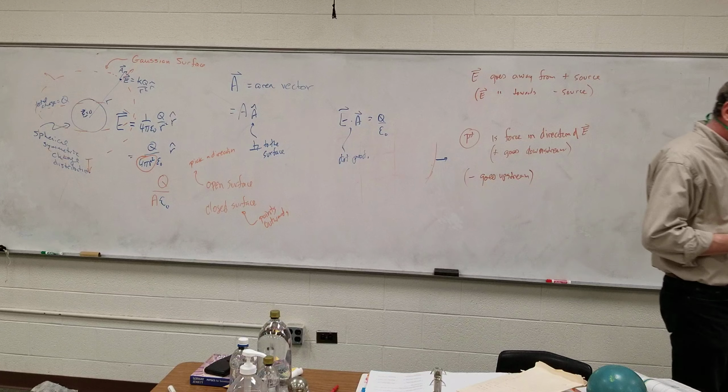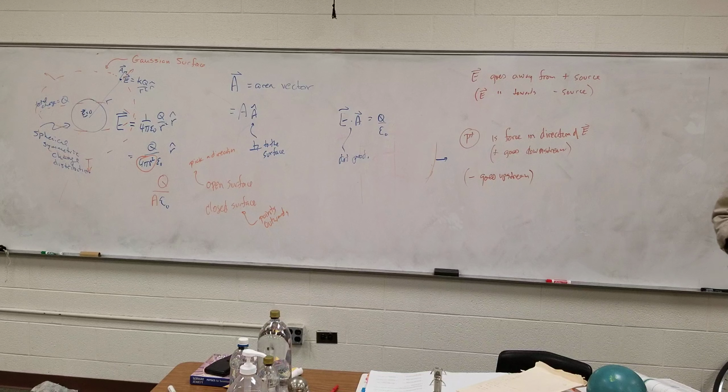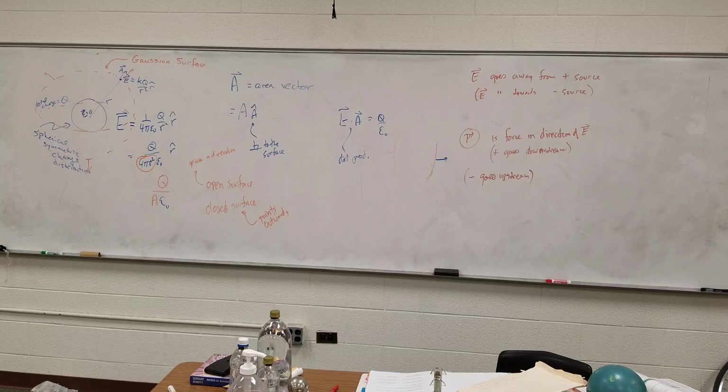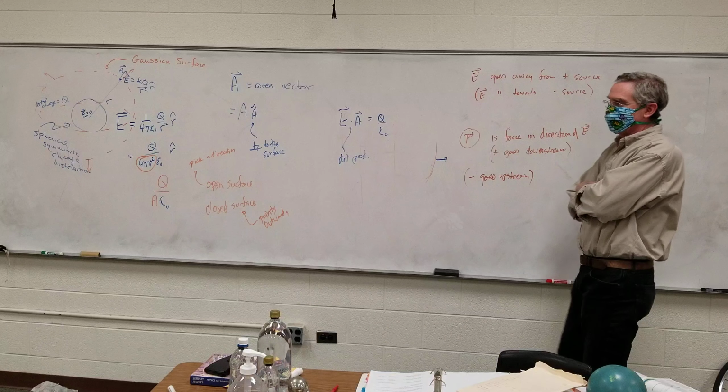What's a dot product? Typically in 251, you first run across dot products in the work and energy chapter. You might potentially have dealt with it in kinematics, because one of the basic formulas is Vf squared equals Vi squared plus 2a dot delta S. But what is a dot product?